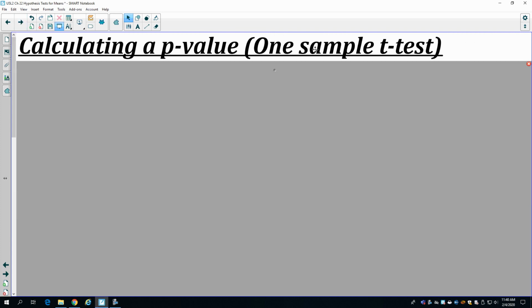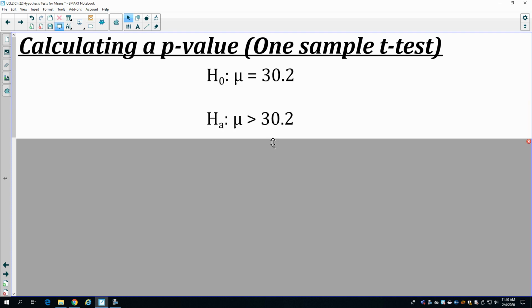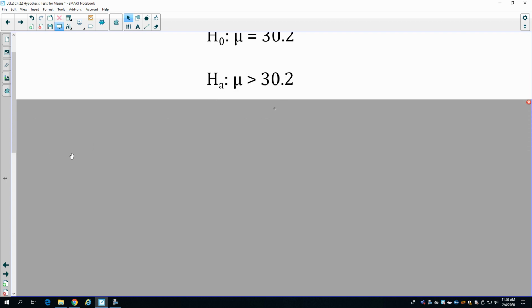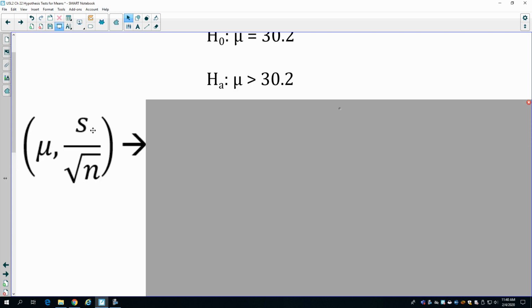So we're going to do a one sample t-test for a mean, and we need to calculate a p-value. Our distribution of sample means is going to look like it did when we talked about the distribution of sample means. We'll use our null hypothesis mean for our mean, and then we need to calculate the standard deviation.